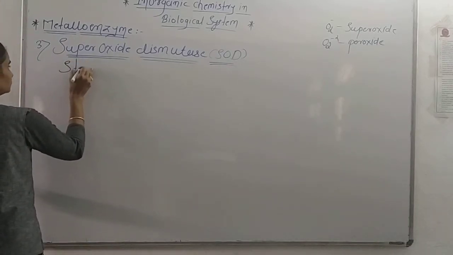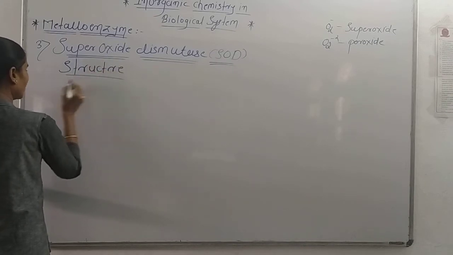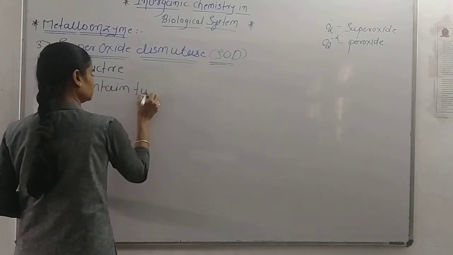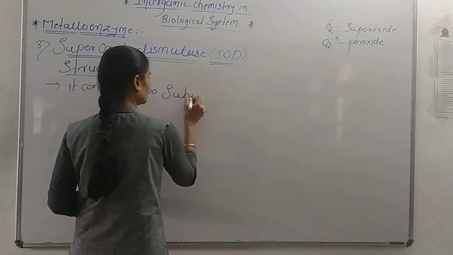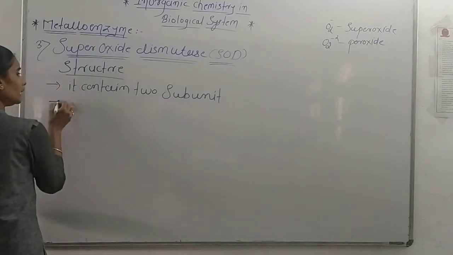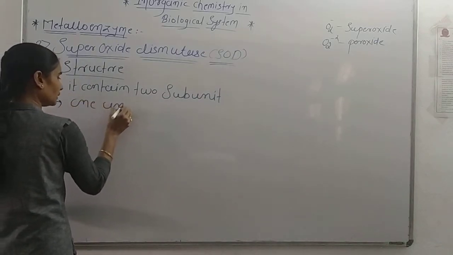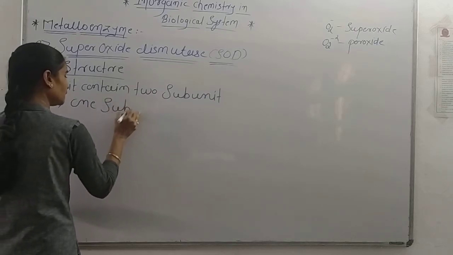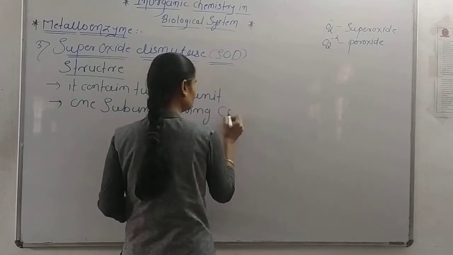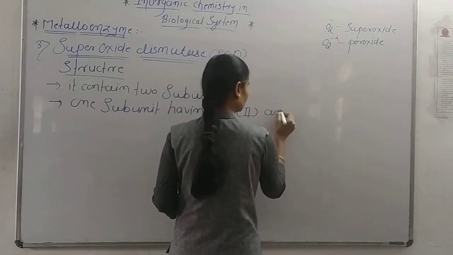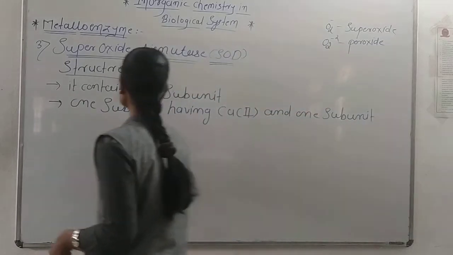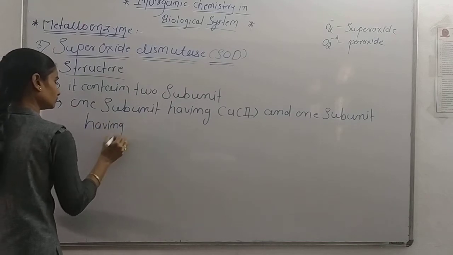Now the structure. It contains two subunits, one subunit having a copper atom and one subunit having a zinc atom.